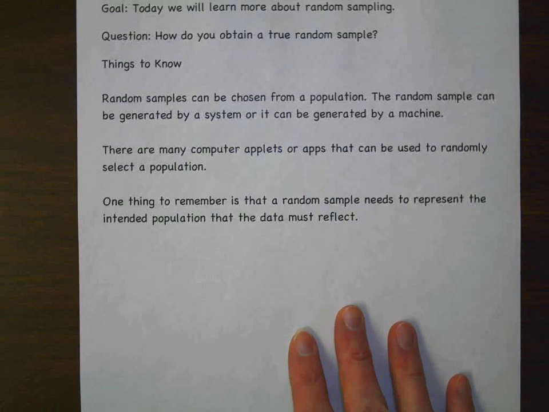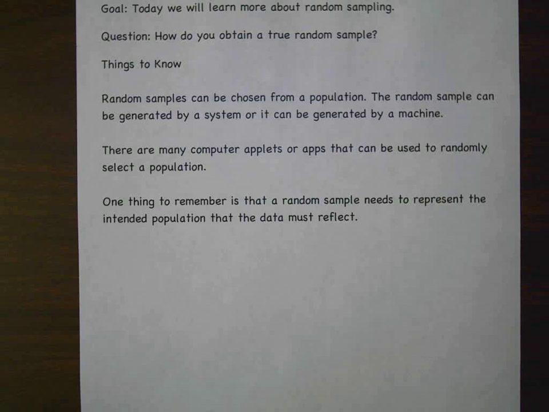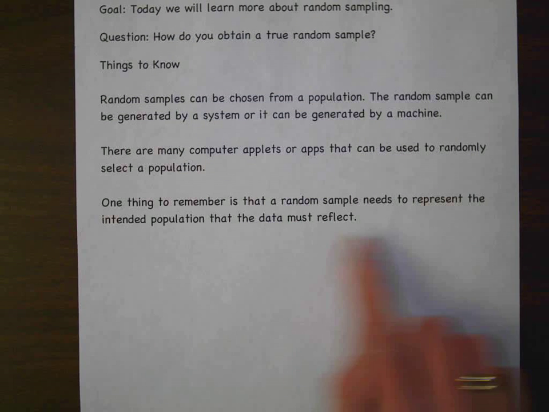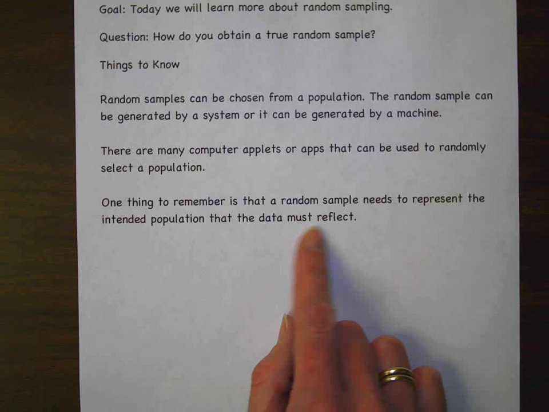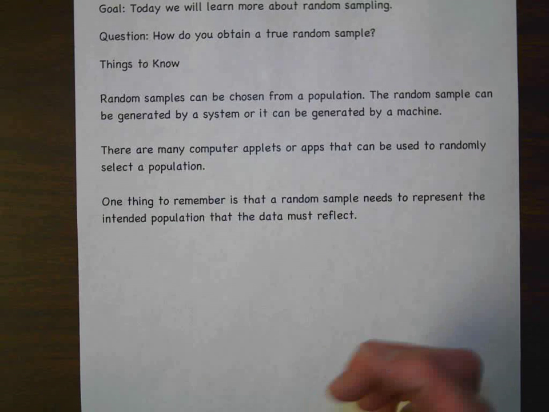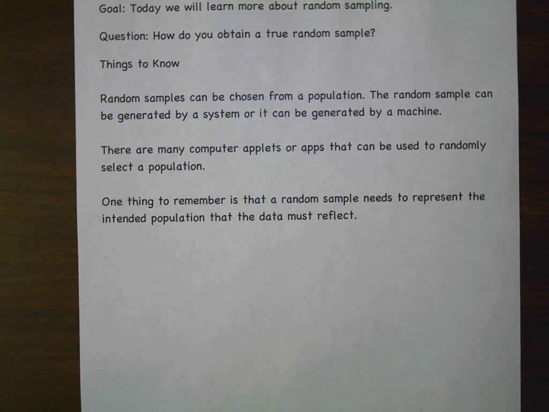And then the most important thing to remember about random samples and random sampling is that it needs to represent the intended population that the data must reflect. So again, I'll go back to that example. If I was doing a survey in the School of Sanawa and I wanted to know what everyone's favorite soda was, but I chose to only ask teachers, then that is not a random survey because the only people in this building are not teachers.